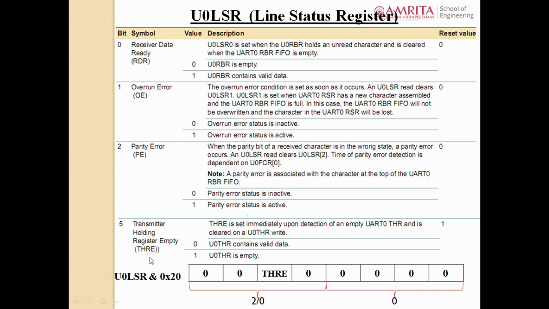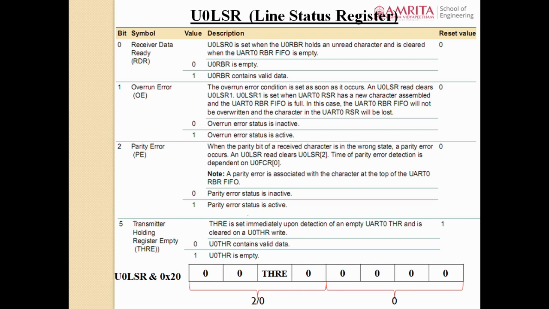This bit will be set to 1. Both the transmit holding register and the transmit shift register you can use interchangeably, because you cannot directly access the transmit shift register. You can access it only through this transmit holding register, right?